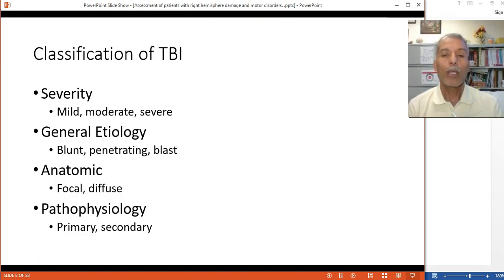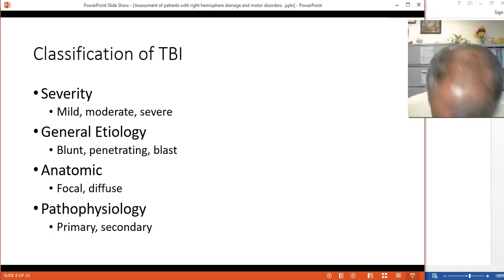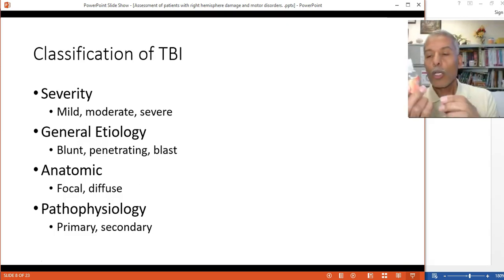Or it could be diffuse, like the situation here, where, say, a car accident, and typically you go back and then go forward, hit very hard the front and then go back again.